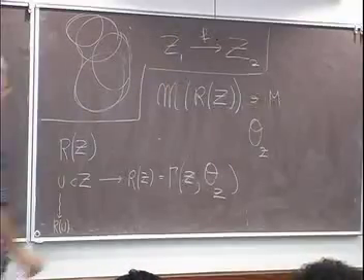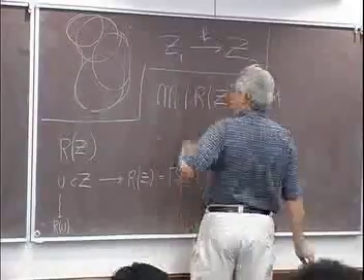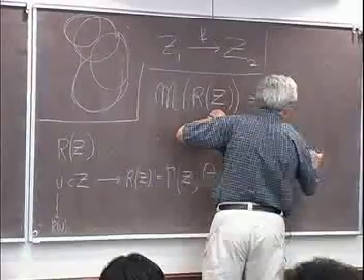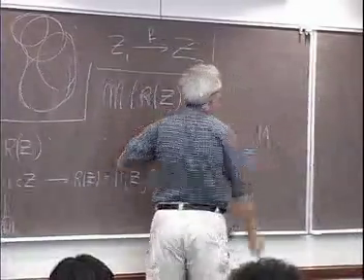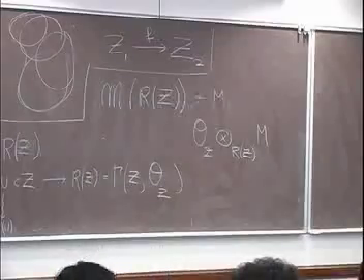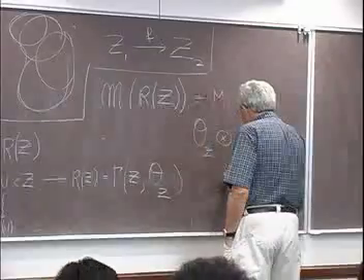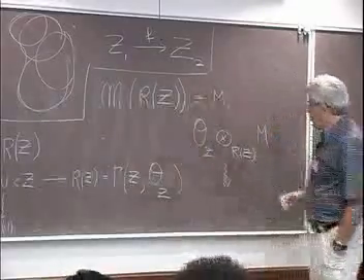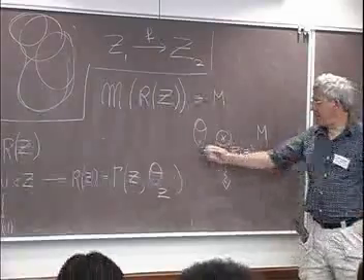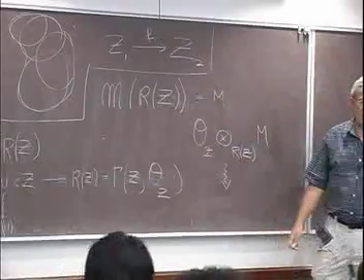Therefore, my O of Z is a module over global regular functions R of Z. So I can form this tensor product. And this tensor product is a sheaf of modules, because on any open set I have this tensor product on which regular functions on this open set act.